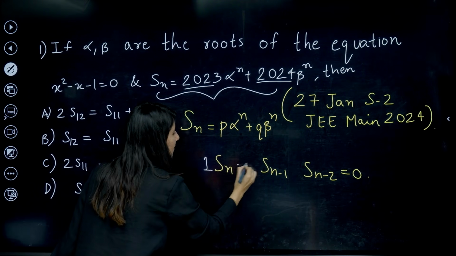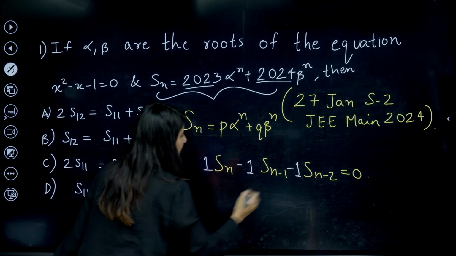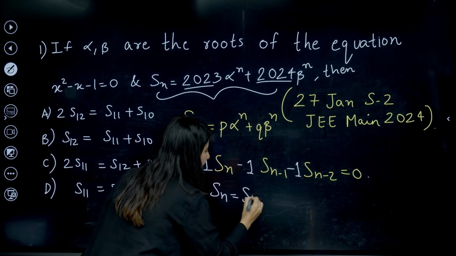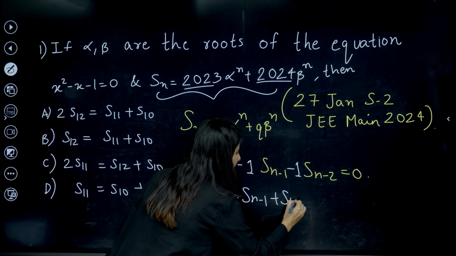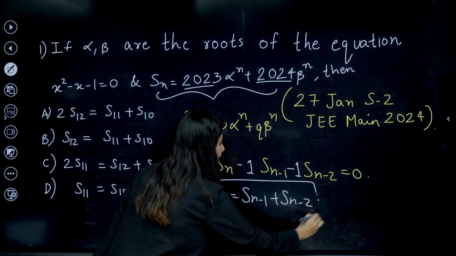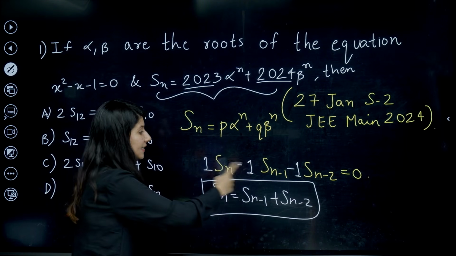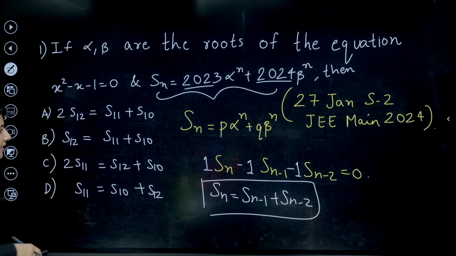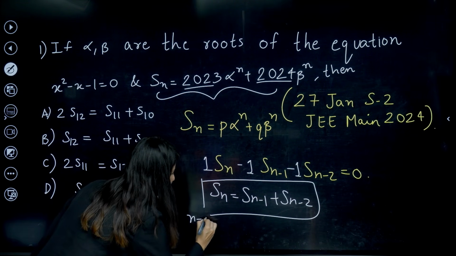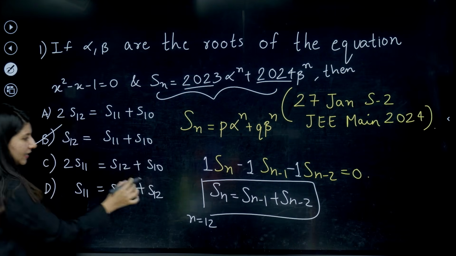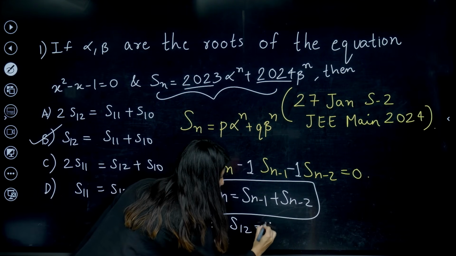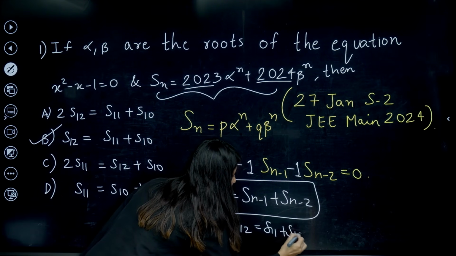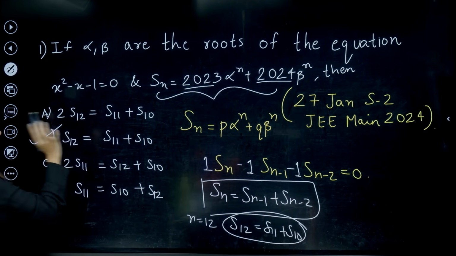That means Sn is nothing but Sn minus 1 plus Sn minus 2. Sn is nothing but the sum of the two successive terms lower than that, one less than that. So can you see, the moment I put n equal to 12, what do I get? I get option B, because S12 is equal to S11 plus S10 and bingo, your option B is correct.